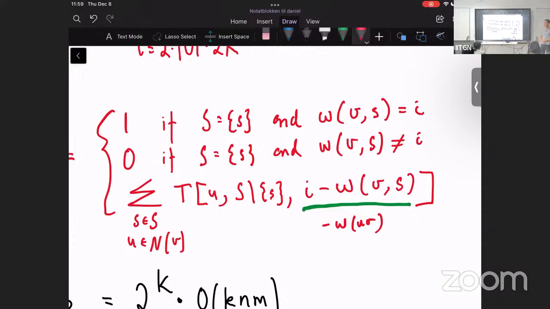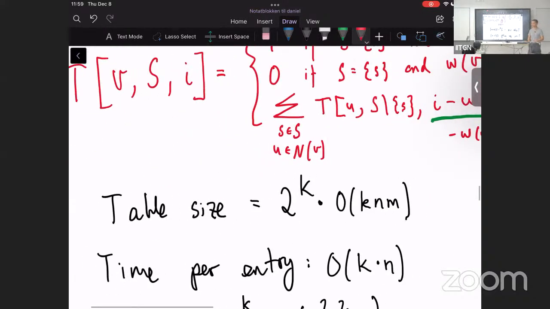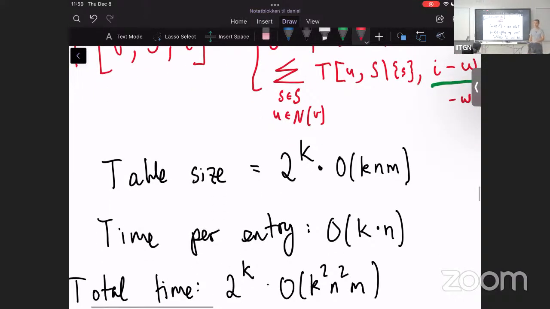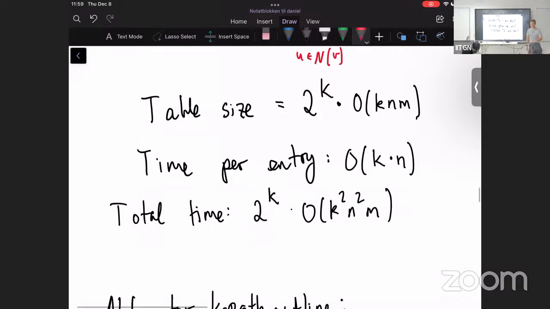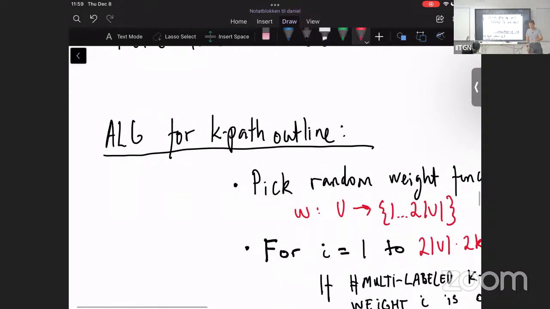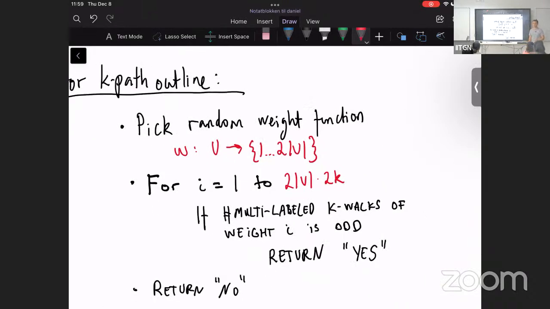And now I'm done. In particular, the size of the table is 2 to the k times poly n, poly n for every subset of the labels. It takes polynomial time per entry to fill the table. So the total time is 2 to the k times poly n. And what does the algorithm do? Well, it picks a random weight function from the universe to 2 times the universe.